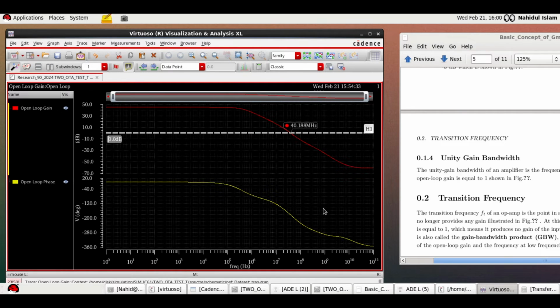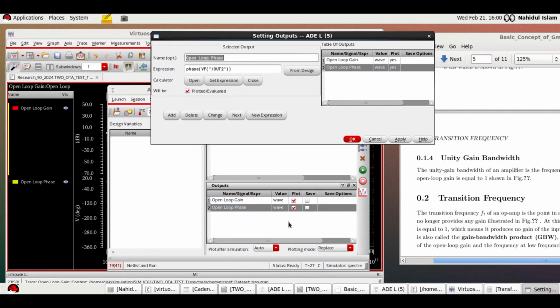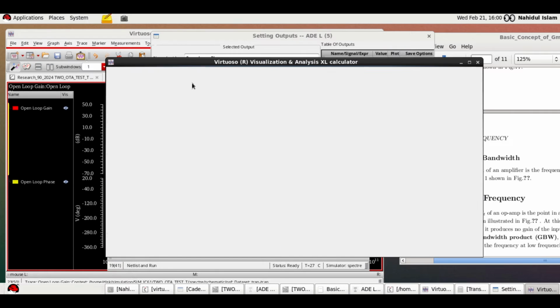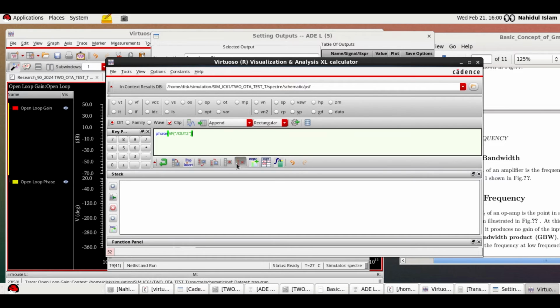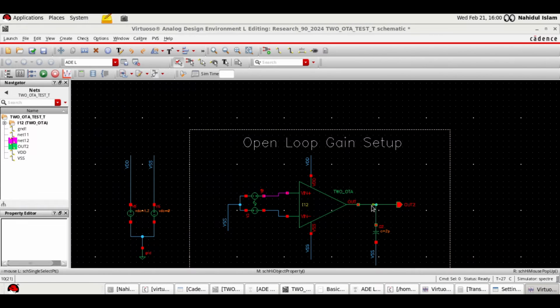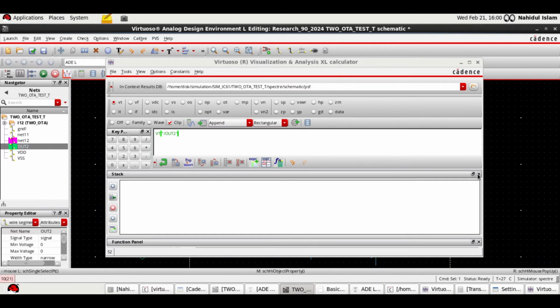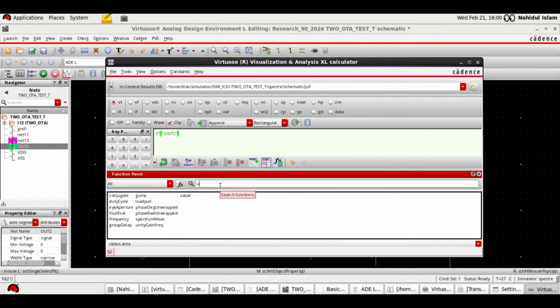We can also get the unity gain bandwidth from the calculator. So let's see. Click in here, open UGF.